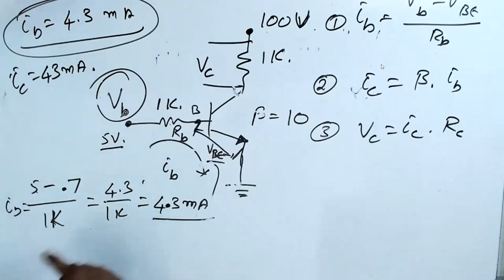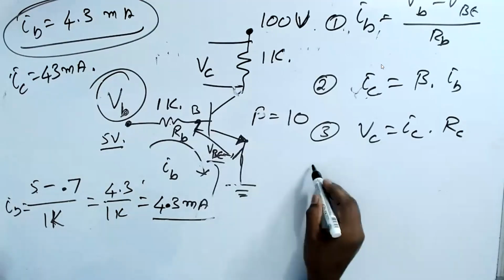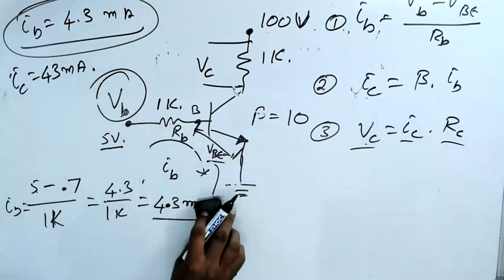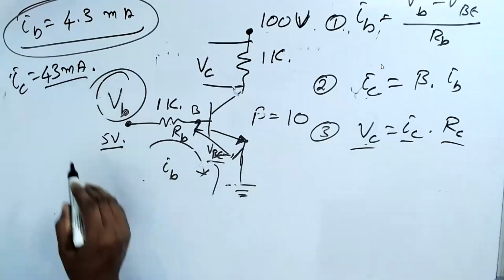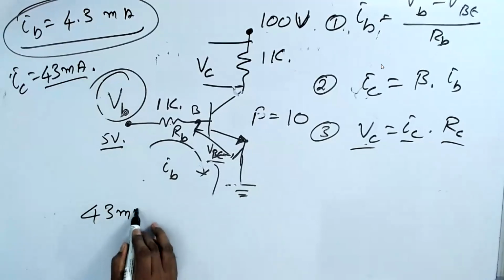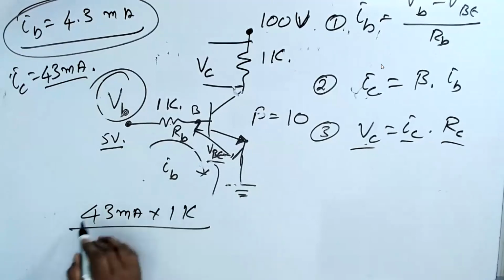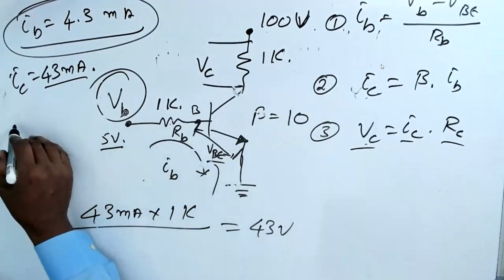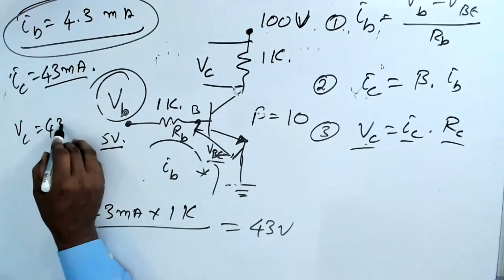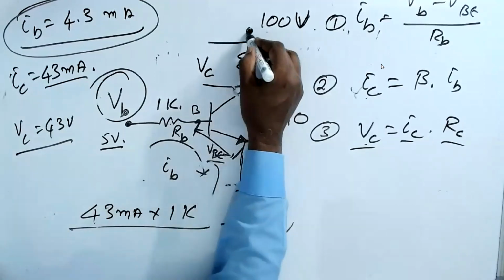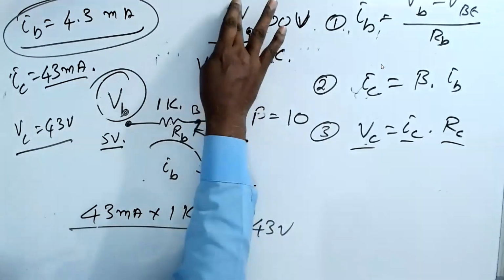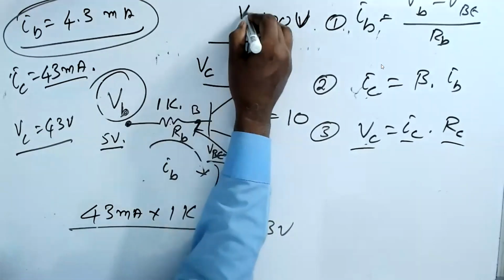Now, what is IC into RC, VC? VC is equal to IC into RC. What is IC now? 43 milliampere. 43 milliampere into 1K resistor is equal to 43 volt. So VC is equal to 43 volt. You applied V. V is how much? 100 volt.